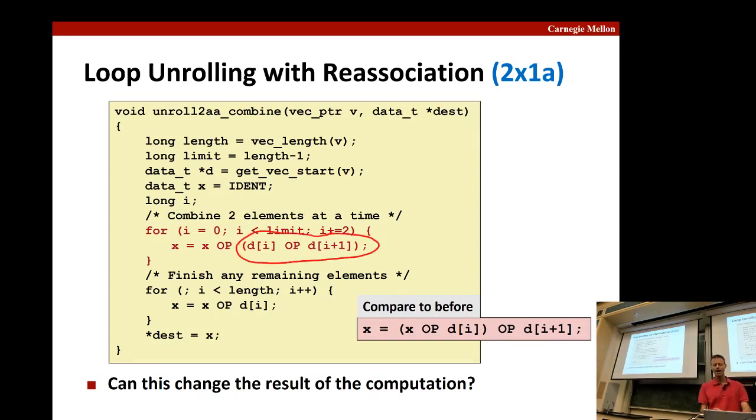Okay, so now I can start to compute this value without having to wait. Here I had this operation dependent on waiting for this to finish. Here I can do this operation first and then accumulate the result.